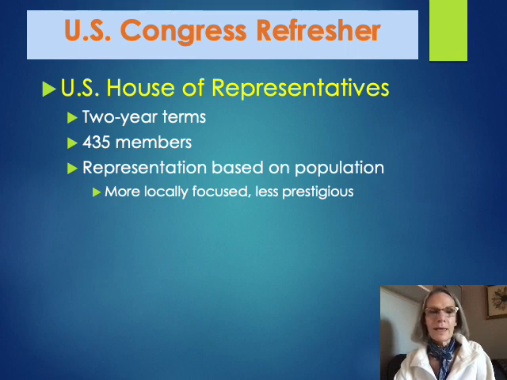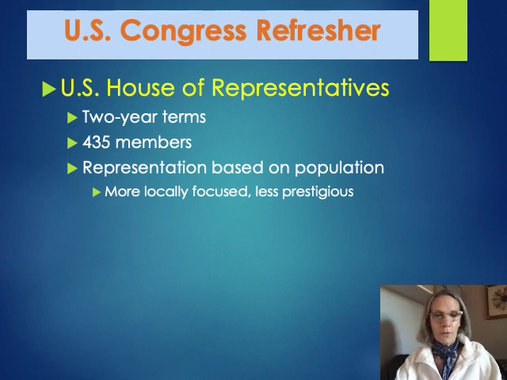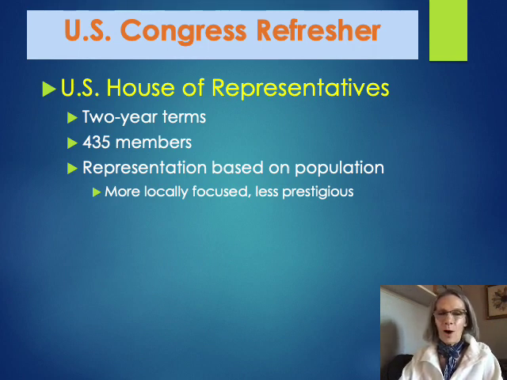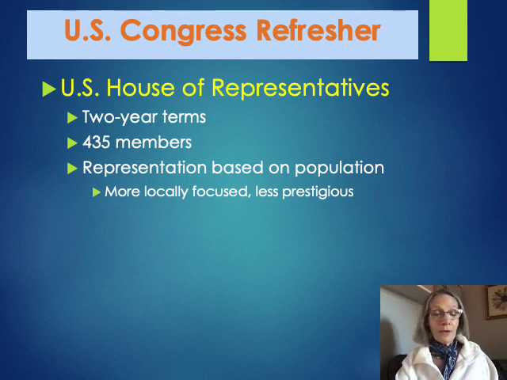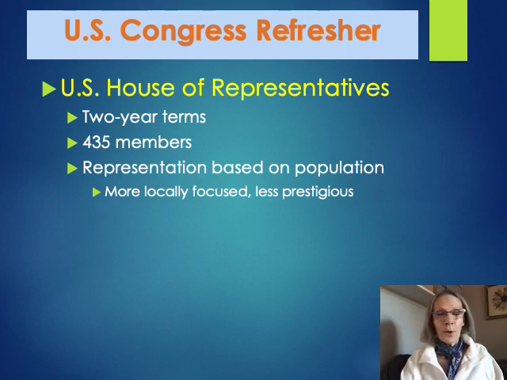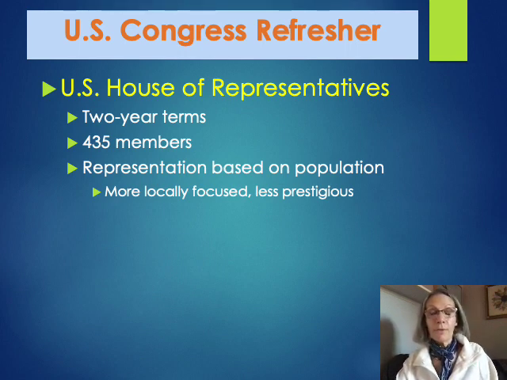Because members in the House represent a particular district, and we'll talk about that in a second, members of the House are focused more on local issues. If you're the representative for the 4th Congressional District in Wisconsin, that's a very urban congressional district, so that representative is going to be focused on urban issues, whereas some of the other congressional districts in Wisconsin are very rural and agricultural, and those representatives are going to focus on those issues.